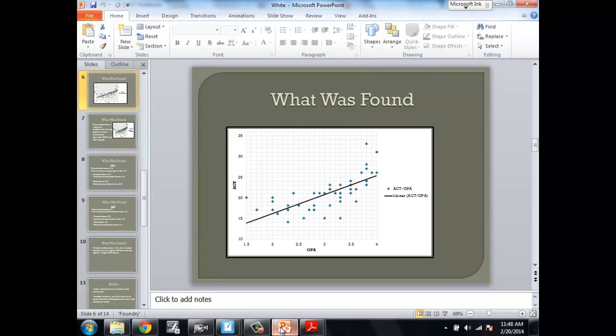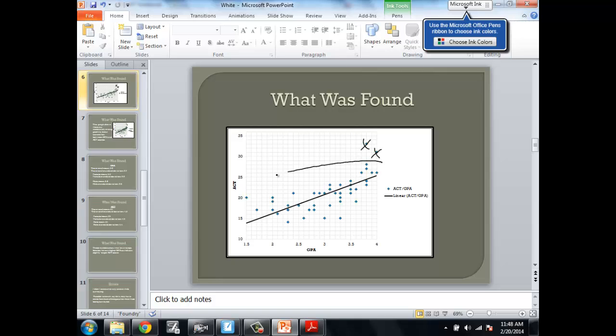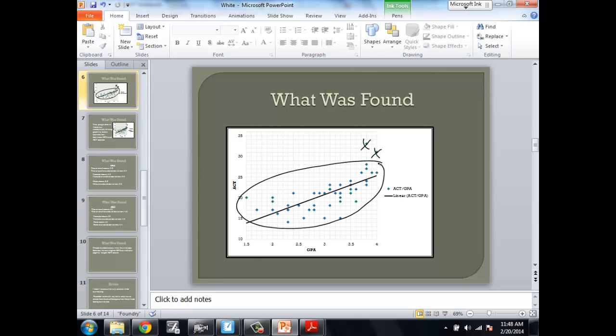They found this information. Would you say this is curved, or would you say that's linear? So it's kind of tricky, isn't it? Because if you look at it, you're like, oh, that appears to be curved, right? But then you're like, well, if I forget this point and I forget this point, then what do we have? It's really pretty linear, right?